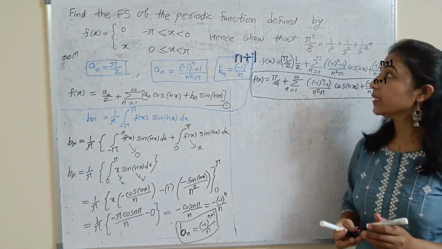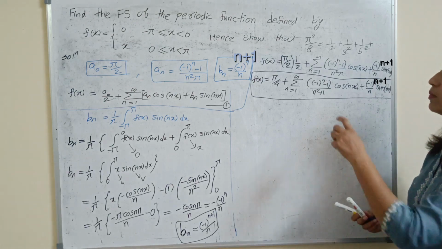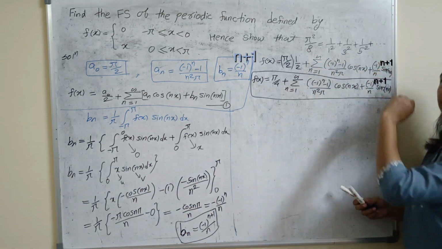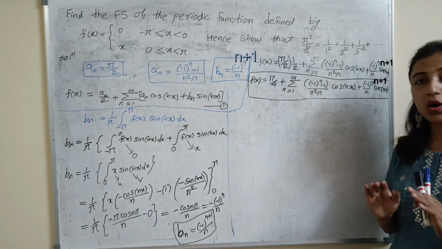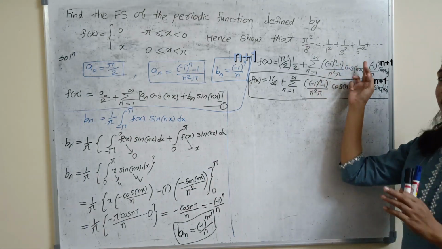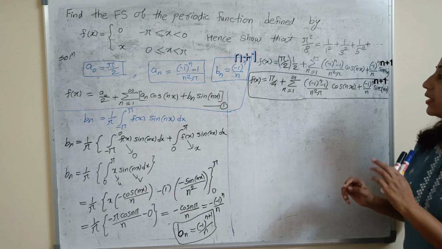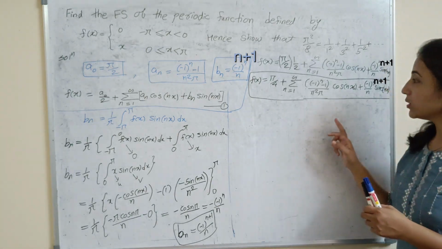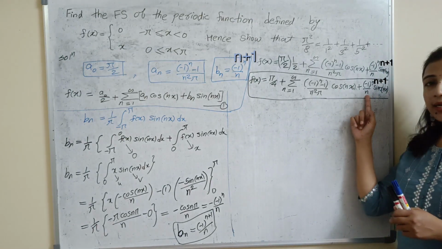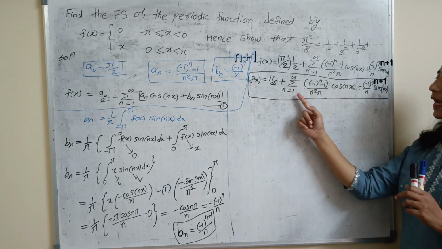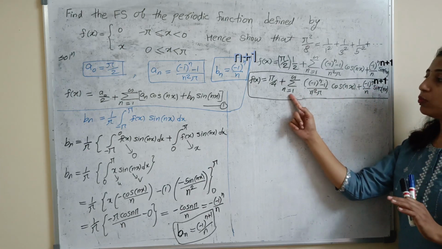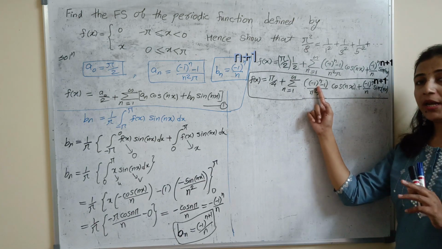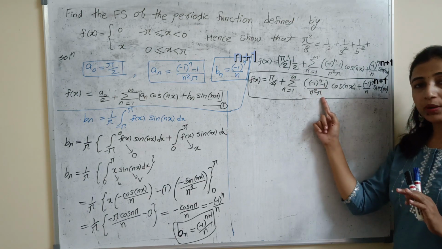Now in addition, we also have to show that pi square by 8 is equal to this series. If we observe this series, it contains completely odd numbers: 1, 3, 5, next term will be 7. How do we get this? Look here: this term exists for every n, 1, 2, 3, 4. When we put n is 1, it is 1 upon 1 square pi.